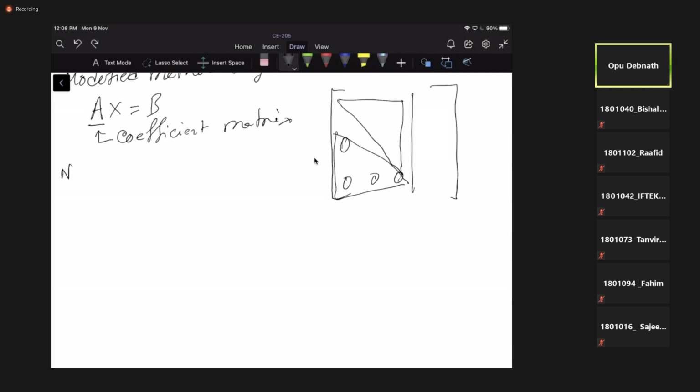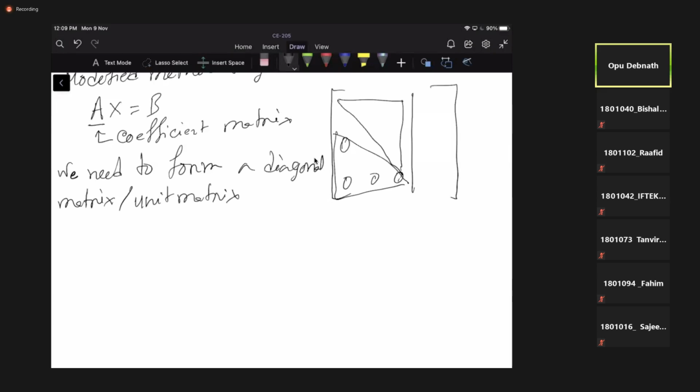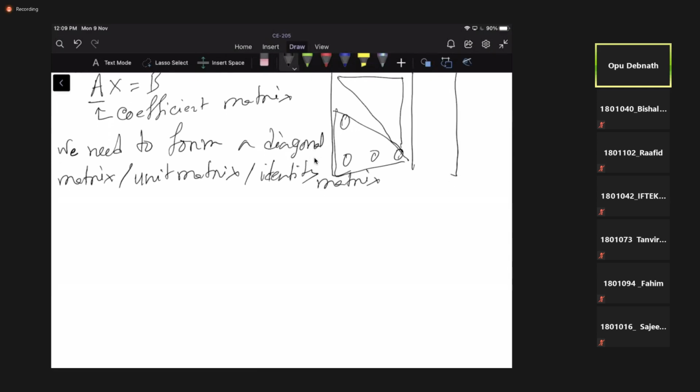So we need to form a diagonal matrix, or unit matrix, or identity matrix. That means only the diagonal elements will exist and other elements will be 0.